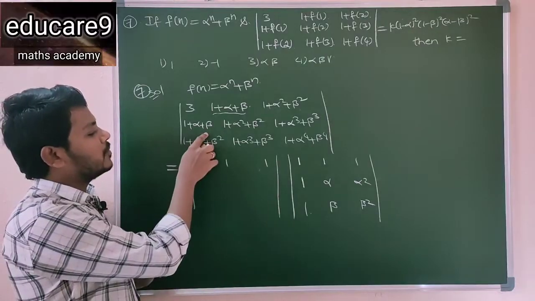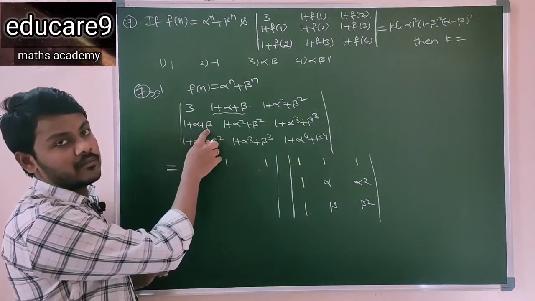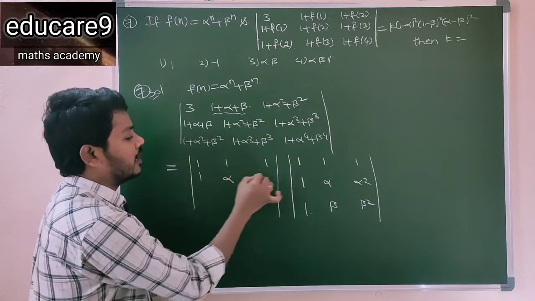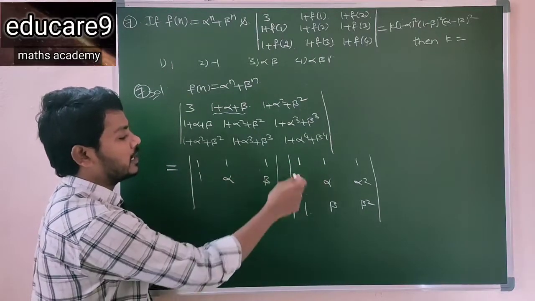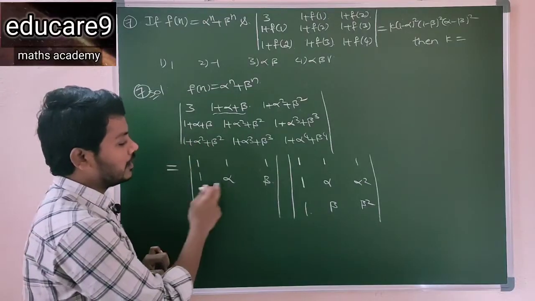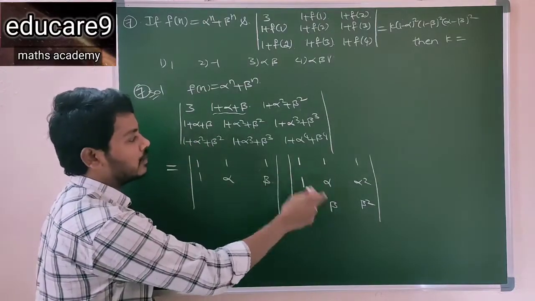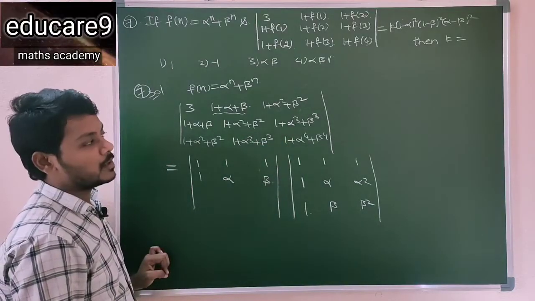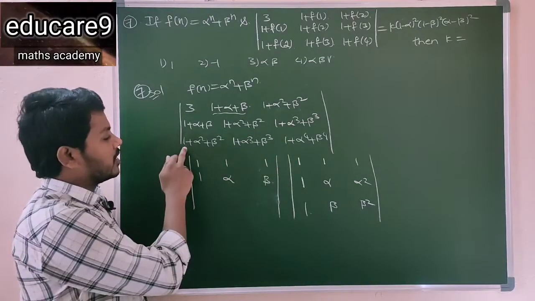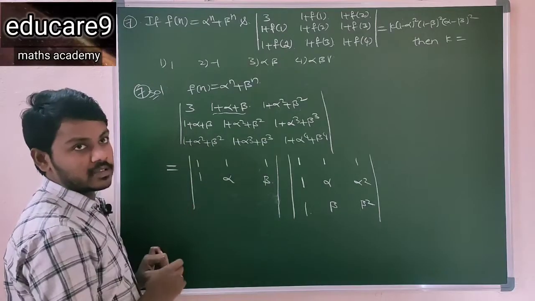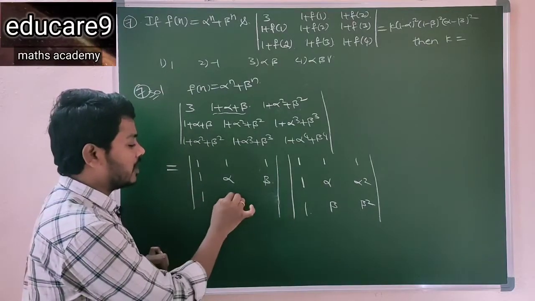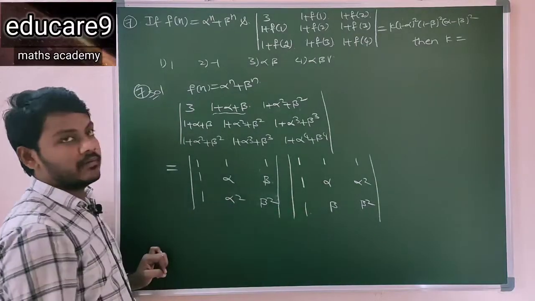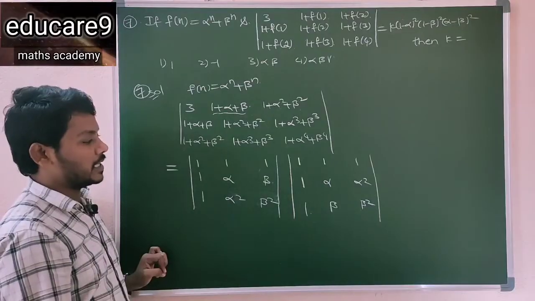Now the second row first element is what? 1 plus alpha plus beta. So for that write 1, alpha, beta. Now we will get 1 plus alpha plus beta. Next, second row second element, 1 plus alpha square plus beta square. Next, 1 plus alpha cube plus beta cube. So here next one, 1 plus alpha square plus beta square. So for that write here 1, alpha square, beta square. Now multiplying these two we will get 1 plus alpha square plus beta square.